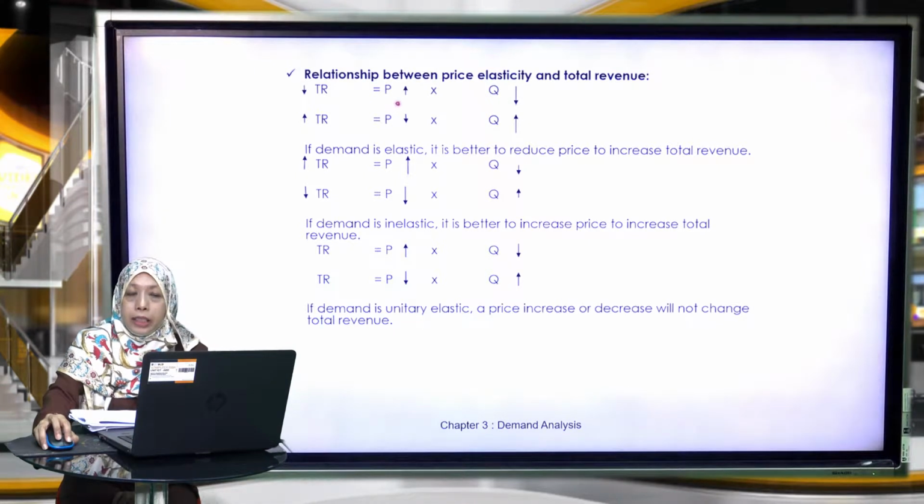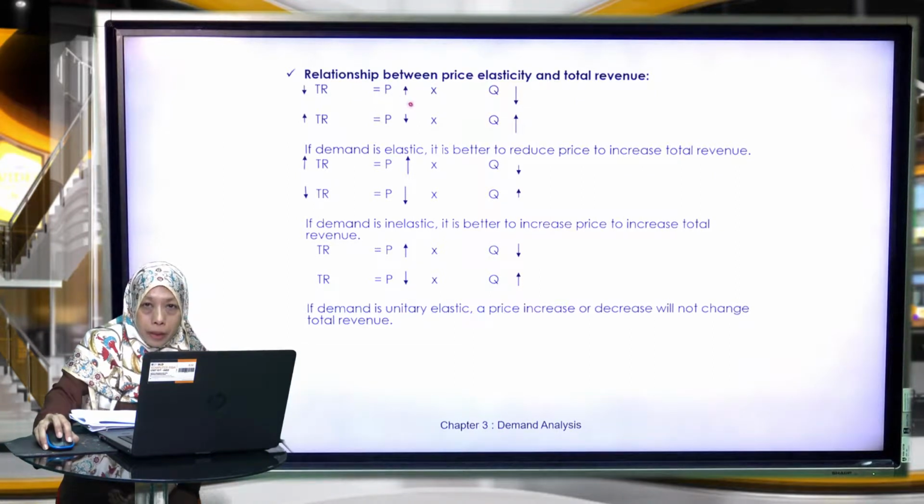Now let's assume that this firm plans to increase price. You should expect that quantity demanded will fall because that's the law of demand, correct? Now, your customers have been found to have elastic demand. That means they are very sensitive towards change in price.